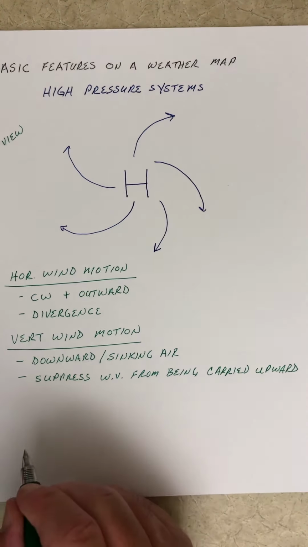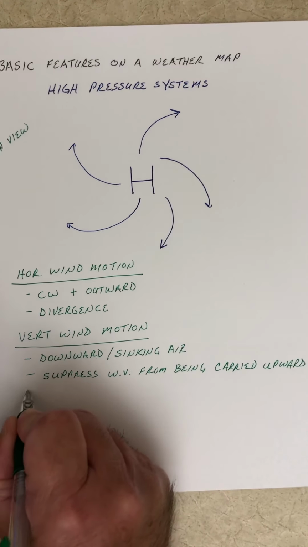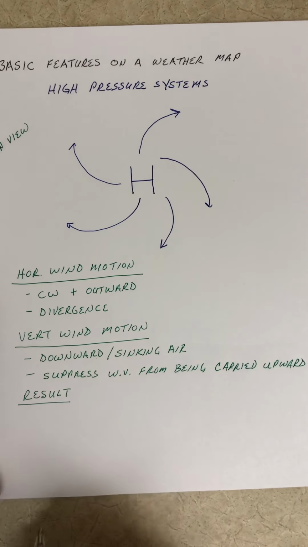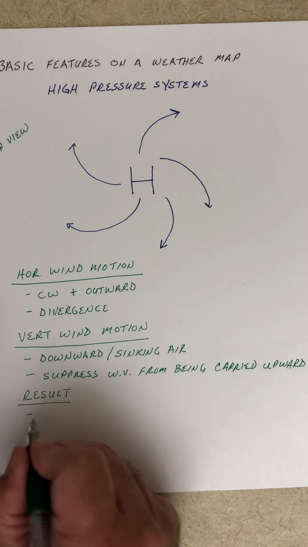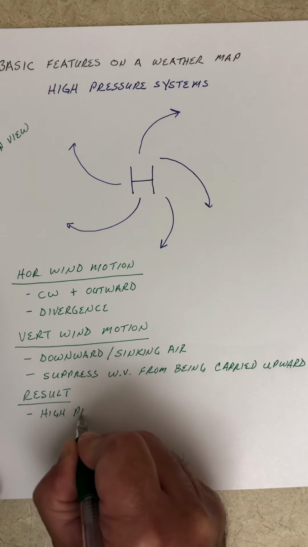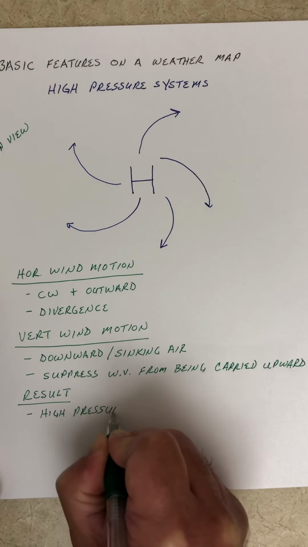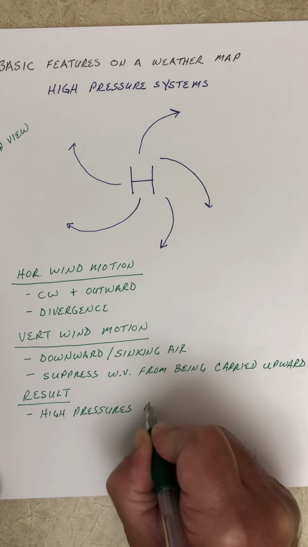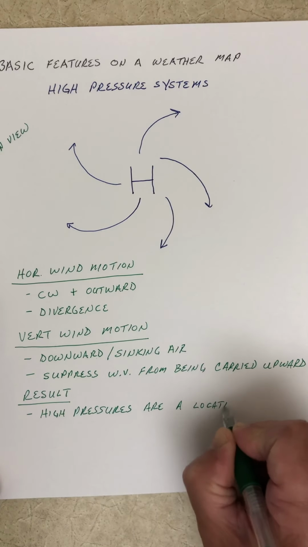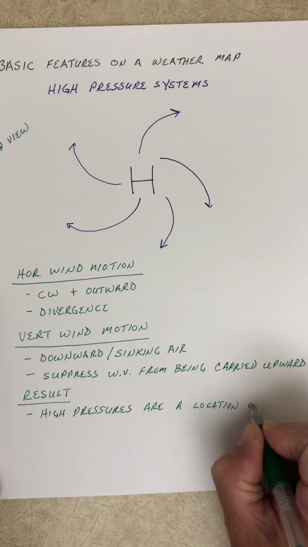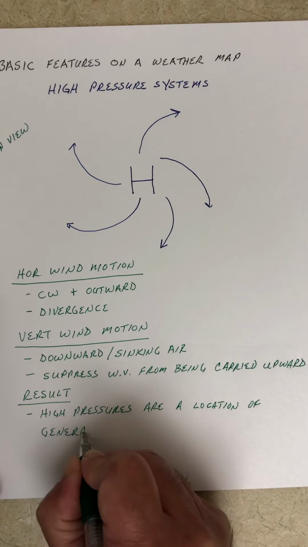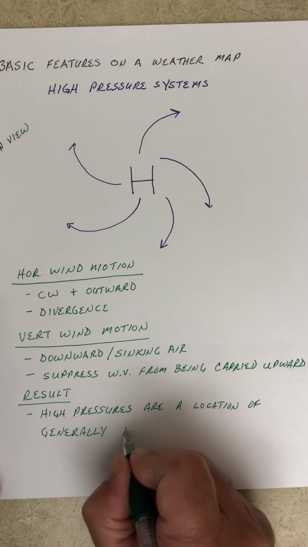And so the result of a high pressure, and there are no absolutes in meteorology, but typically the result of a high pressure is that high pressures are a location of generally fair weather, nice weather.